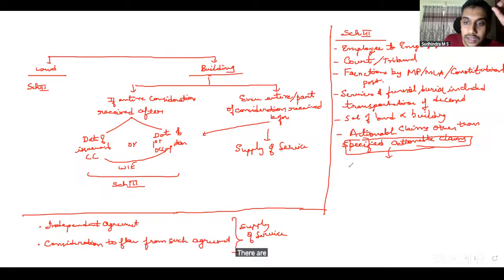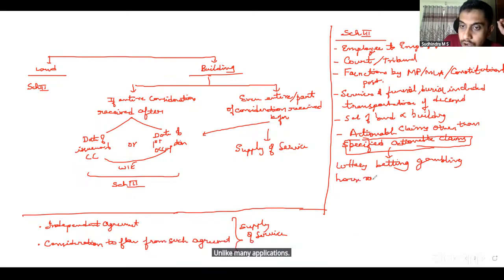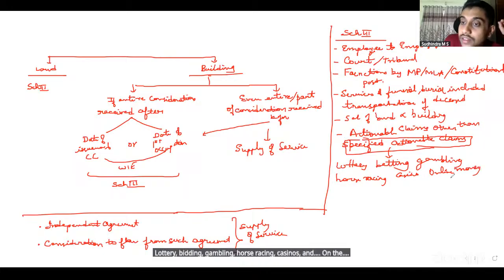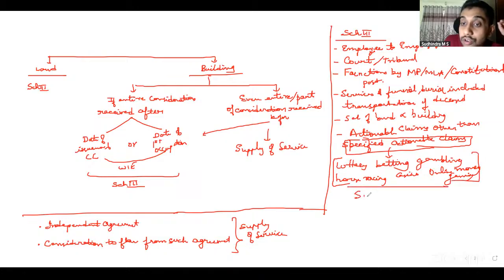There are six: lottery, betting, gambling, horse racing, casinos, and online money gaming. All these are taxable supplies. To be more specific, supply of goods, because actionable claims are goods.